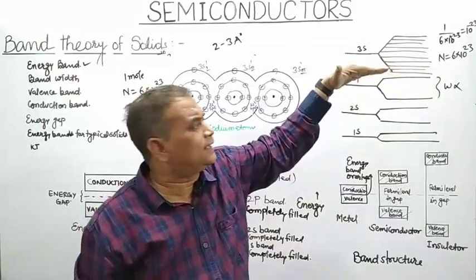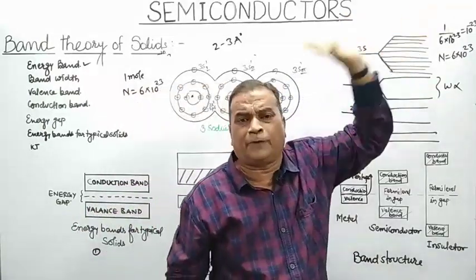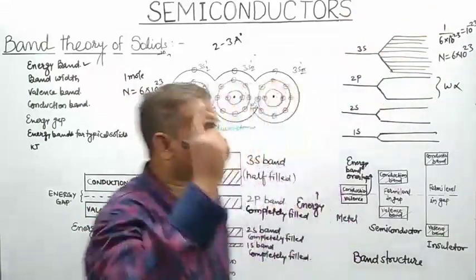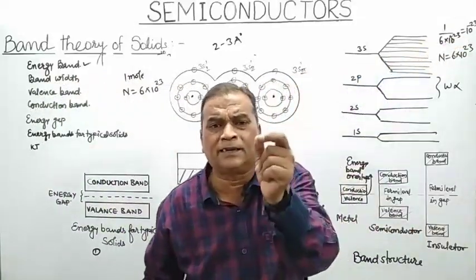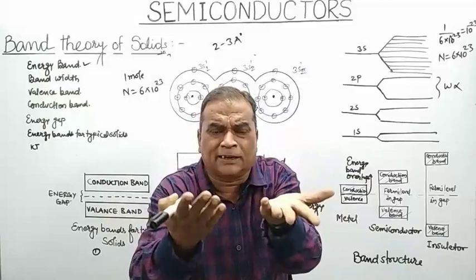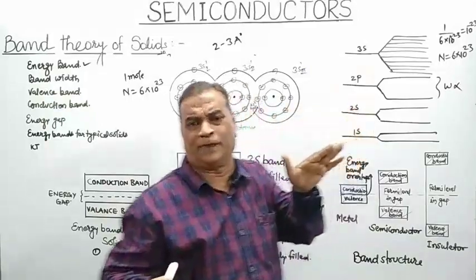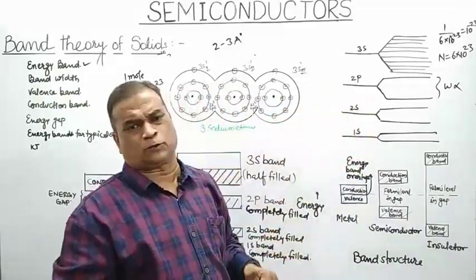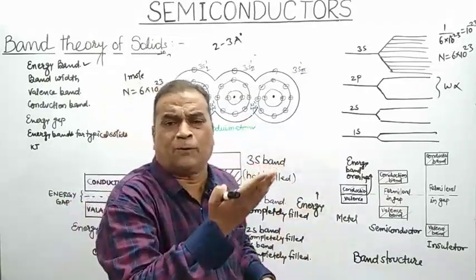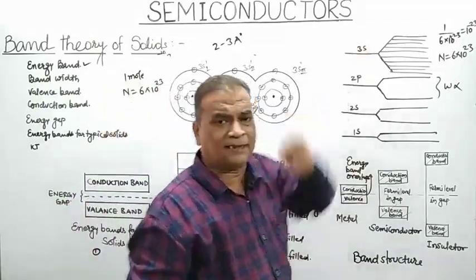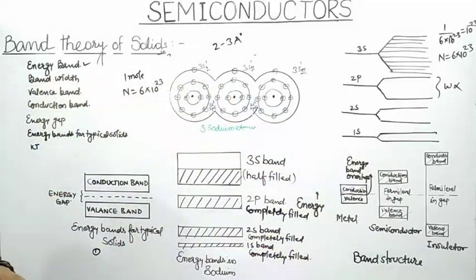In other words, there is a continuum of energy. So this continuous variation in the energy level is called energy band. What is energy band? Energy band consists of a large number of energy levels which are very close to each other. In other words, there is a continuous variation in the energy as far as energy band is concerned.